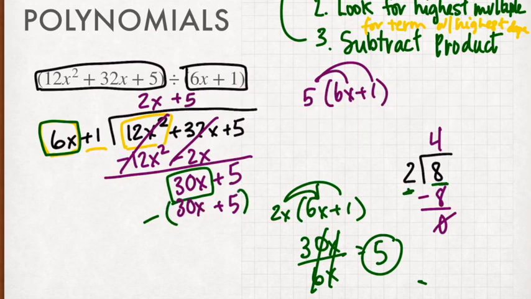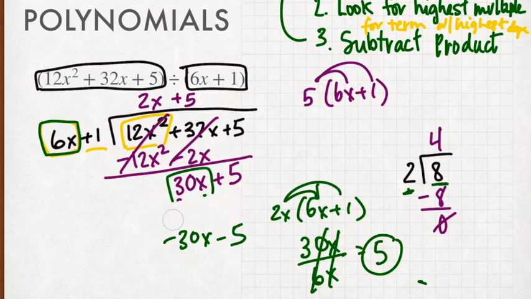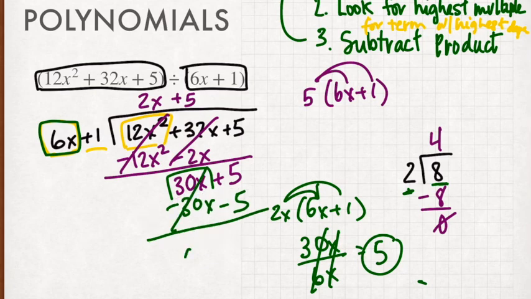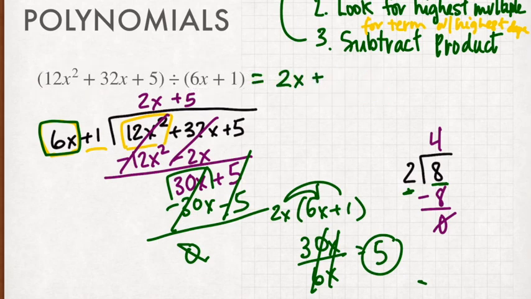And I'm going to subtract it. When I do that, no longer do I have a 30x, but I have a negative 30x, and now I have a negative 5 there. So 30x minus 30x gives you a 0, and 5 minus 5 gives you a 0. So our answer to this problem is 2x plus 5.